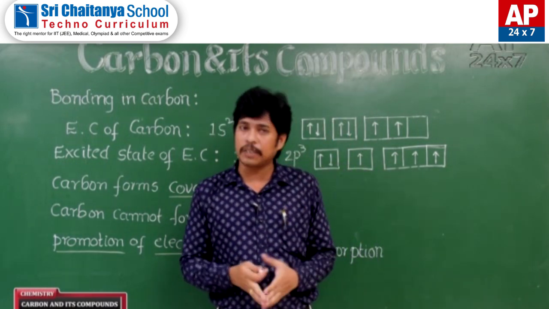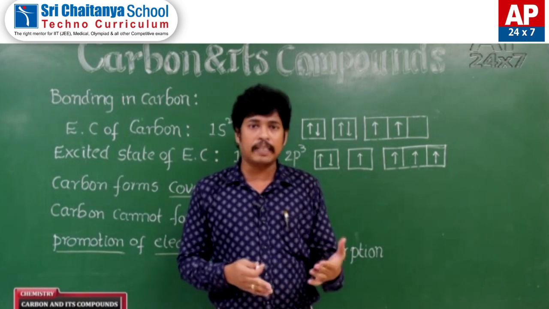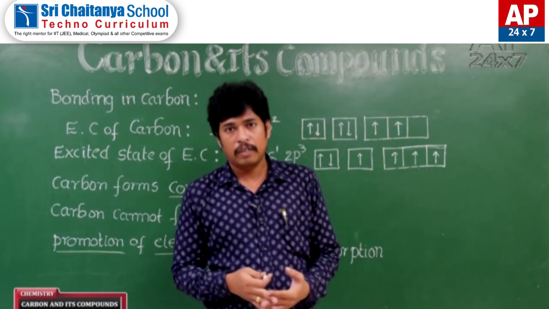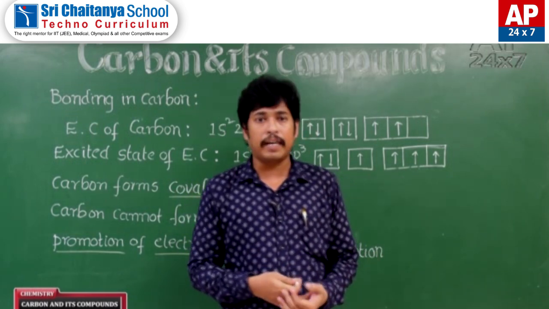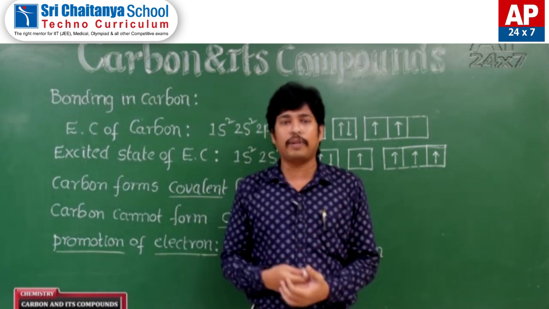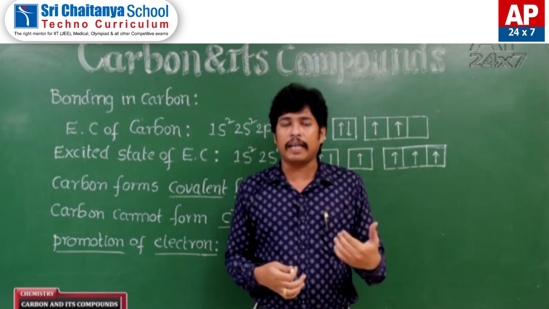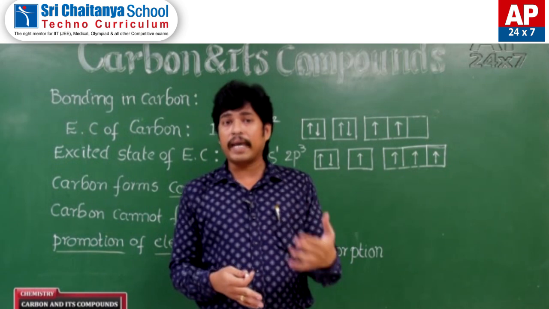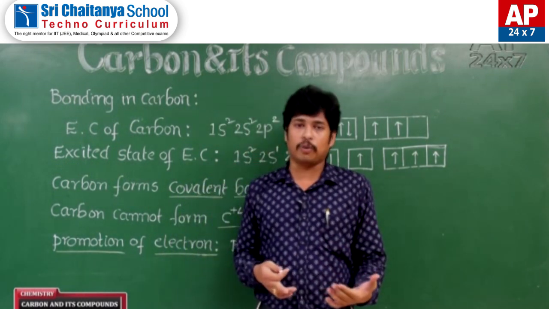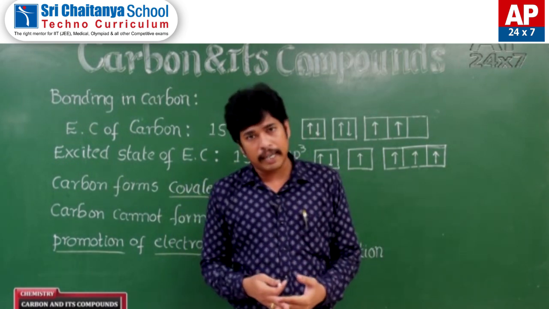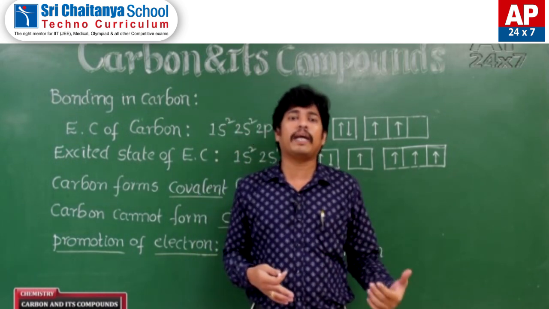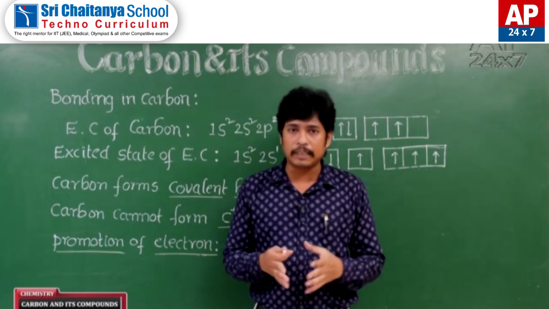Imagine if an element has high ionization energy, what type of property can it exhibit, electropositive or electronegative? Whenever an element has high ionization energy, it will show more electronegative character. If the ionization energy is less, we can expect more electropositive character.